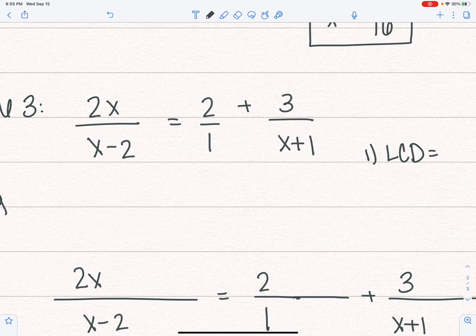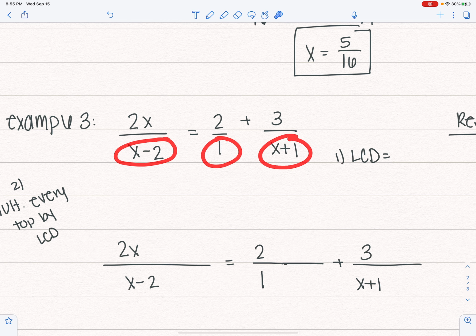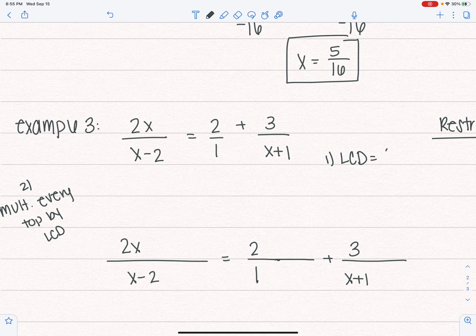With the denominators, I'm going to find the LCD. And so my LCD is going to be the product of all of these denominators because they don't have anything in common initially. And so my LCD is going to be x plus 1 times x minus 2.